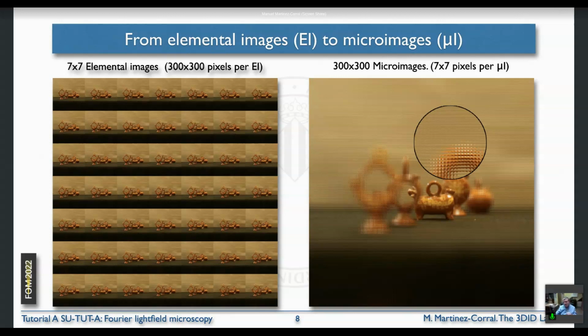Here we have a lot of images with few pixels and orthographic perspective. So here on the left and here on the right, we have exactly the same information, but organized in a different way. And what can we make with this?